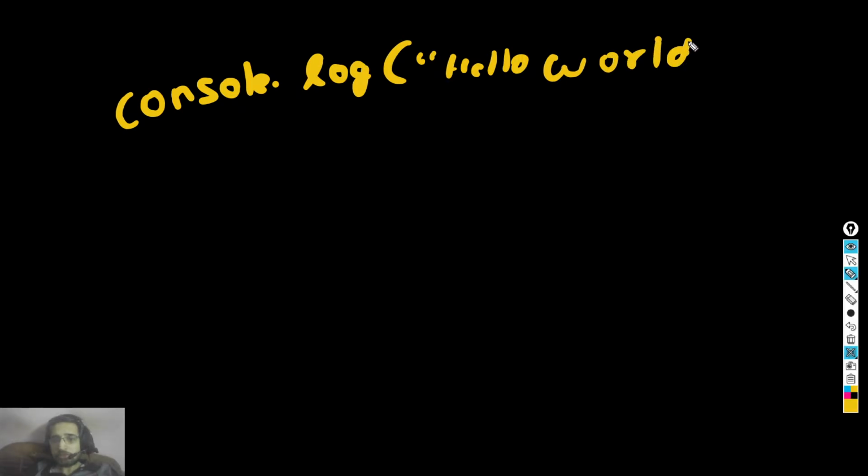This is one statement. Let me decrease the pen size. So we have written one console log statement. Now let me write the second statement: this time we will have a simple while loop.